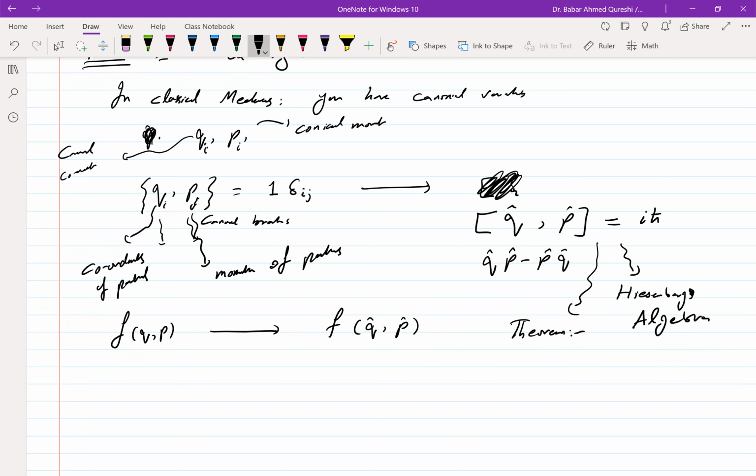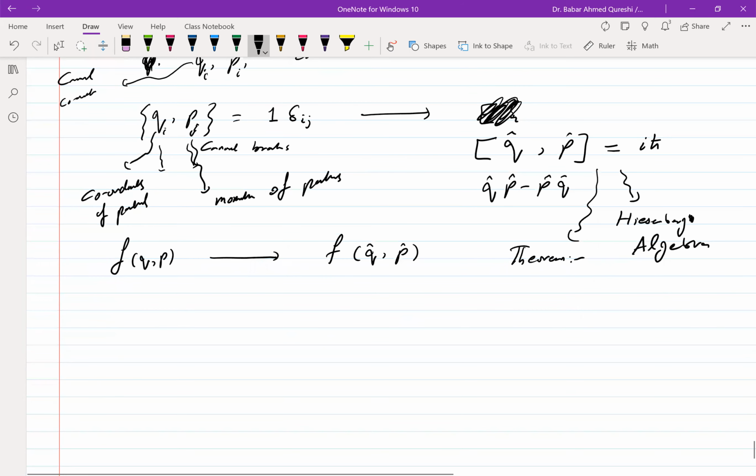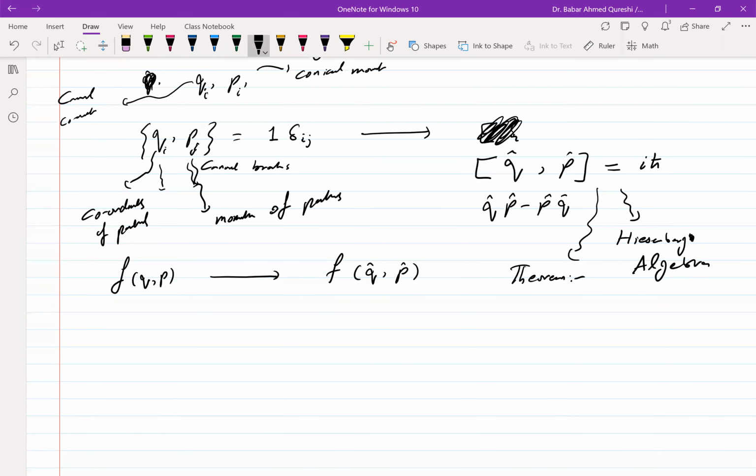There's a theorem, we can't prove it here because we won't take this point of view, which says that this algebra has only infinite dimensional representations. So you cannot represent it on any finite dimensional Hilbert space.